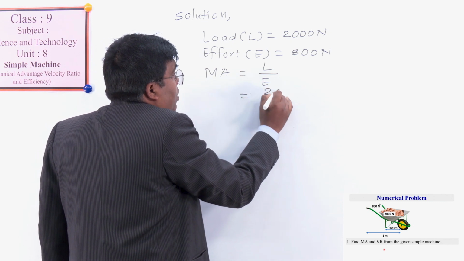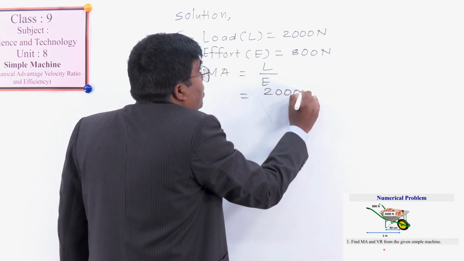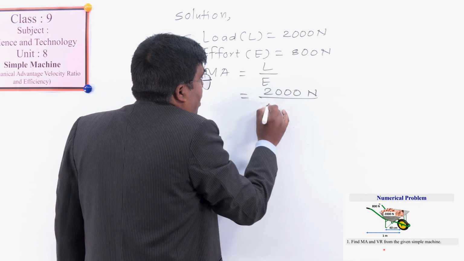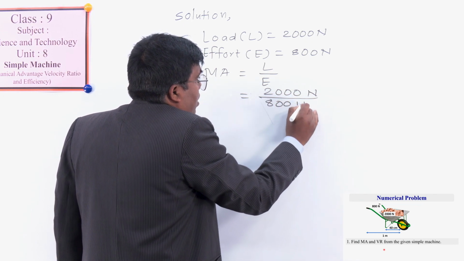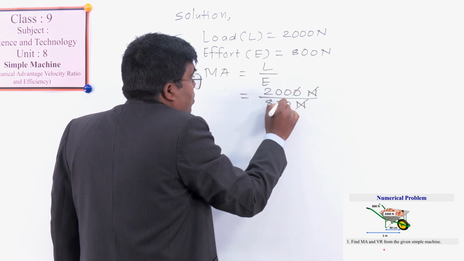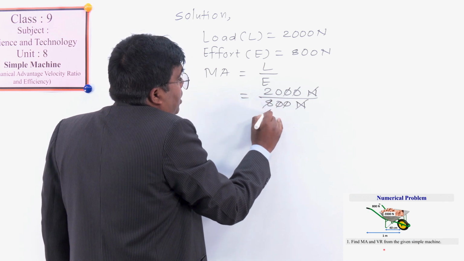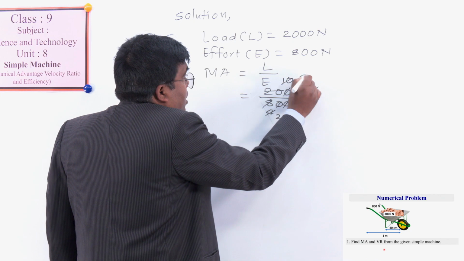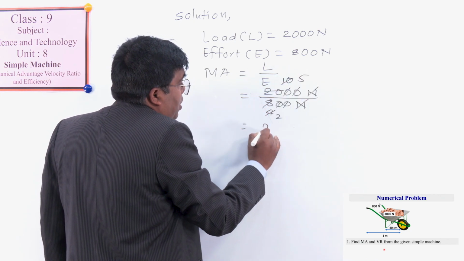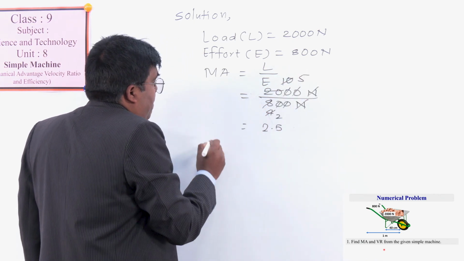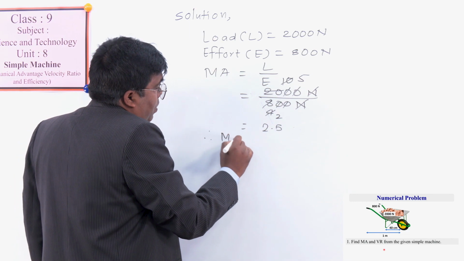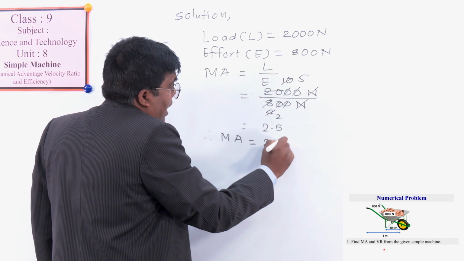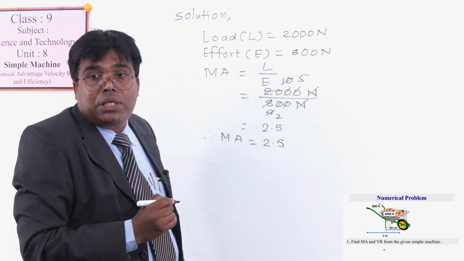Load 2000 Newton, effort 800 Newton. The Newton cancels, zeros cancel, and then 2 4s are 8, 2 10s are 20, 2 2s are 4, 2 5s are 10. So 5 by 2 means 2.5. Therefore, MA equals 2.5, and it has no unit, so no need to mention it.